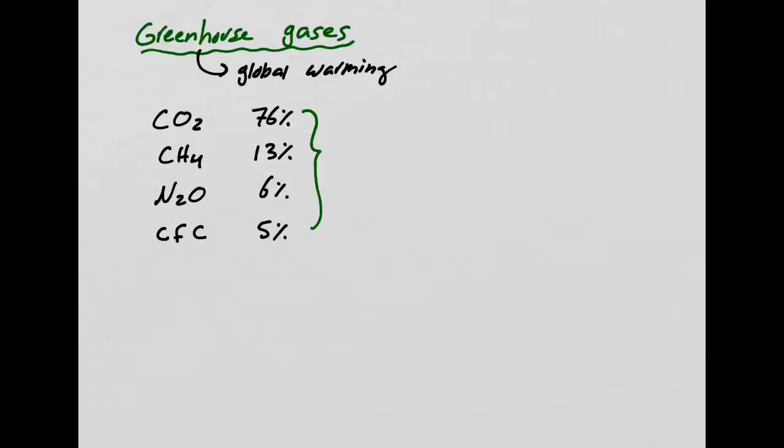Here's why we need these gases. If we did not have these greenhouse gases, the temperature on the earth would be minus 18 degrees Celsius. It would be really, really cold, and we can't live on this planet. So what do these greenhouse gases do?